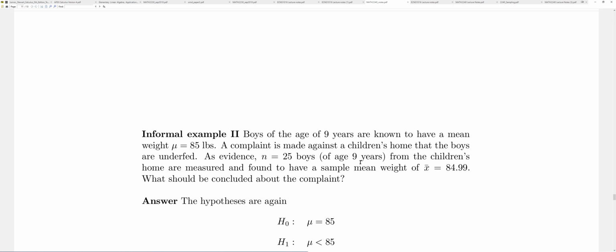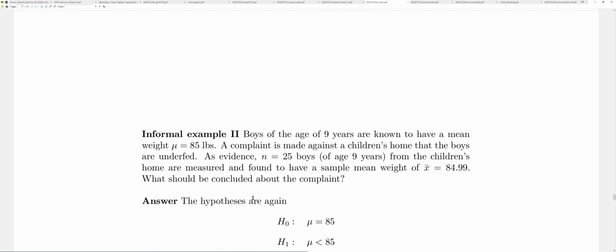You find 25 boys in the children's home, of age 9, and take the average weight, which in this case is 84.99. We want to investigate if the complaint has any validity.